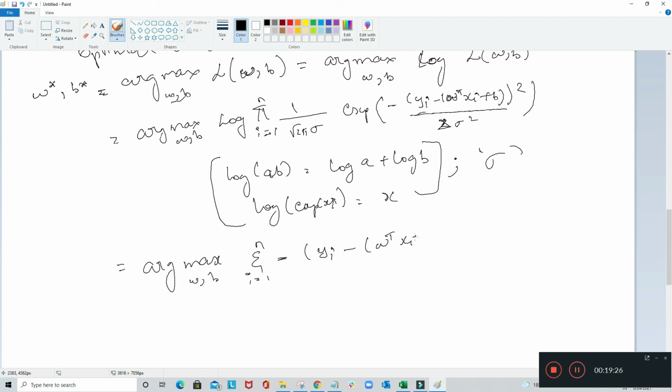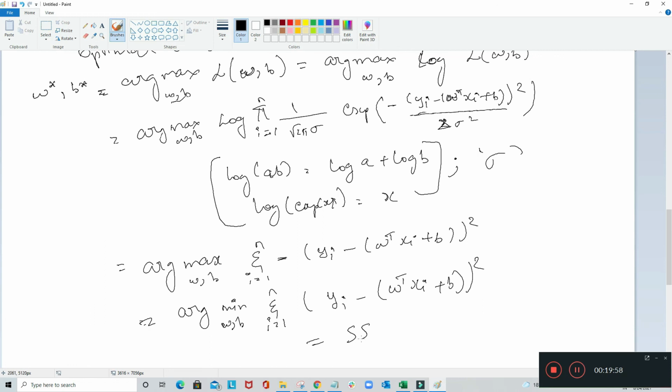And maximum of minus is nothing but minimum of positive term, right? So this becomes argmin for w and b, i equals to 1 to n, yi minus w transpose xi plus b whole square. This is nothing but our sum of squared errors. This is the probabilistic derivation for our linear regression.